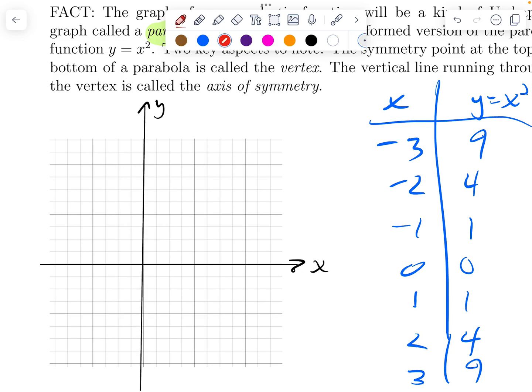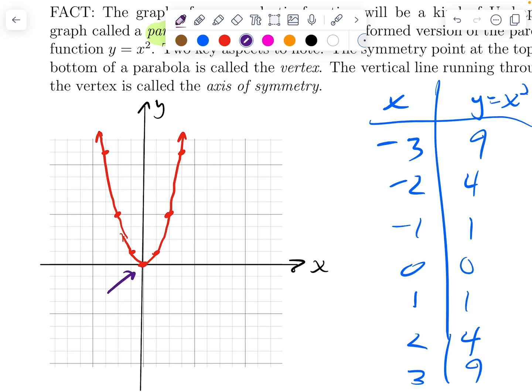I will plot those points, so 0, 0, 1, 1, 2, 4, 3, 9. And if I connect these, I get a U-shaped graph that looks something like so.